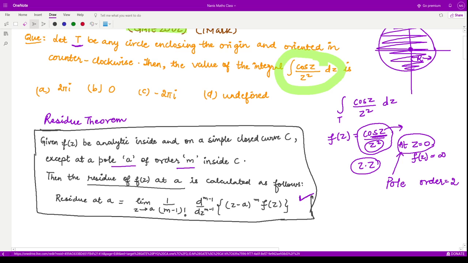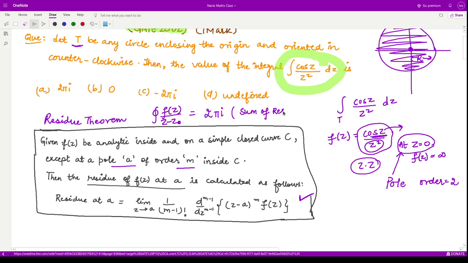And the residue theorem says that the integration of the function f(z), suppose the singularity is at this point z0, is equivalent to 2 pi iota multiplied by the sum of residues.